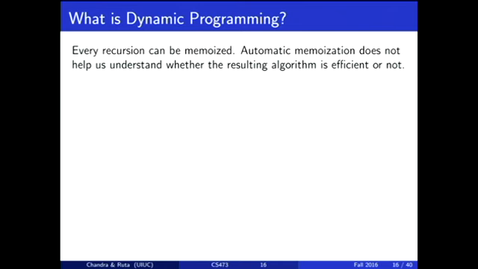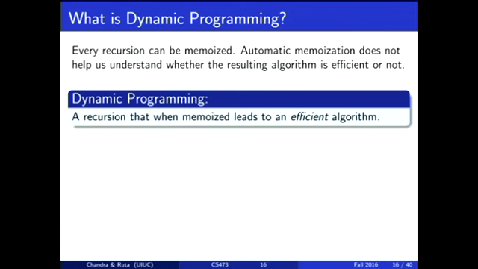Dynamic programming is a recursion that, if you memoize it properly, will lead to an efficient algorithm. So memoizing a recursion is a dumb technique that anybody can use. Dynamic programming is the art or the skill of recognizing when one can get an efficient algorithm by taking a recursive algorithm and memoizing it. Not all recursions for the same problem lead to an efficient algorithm when they are memoized.